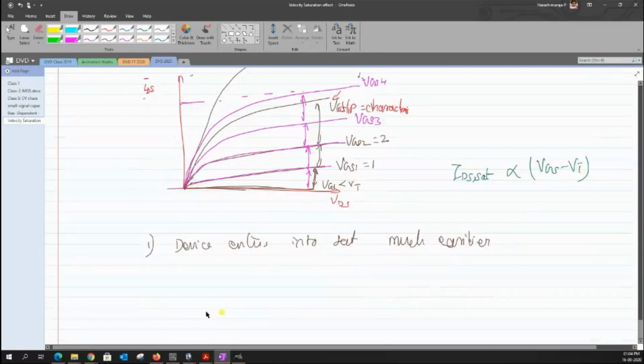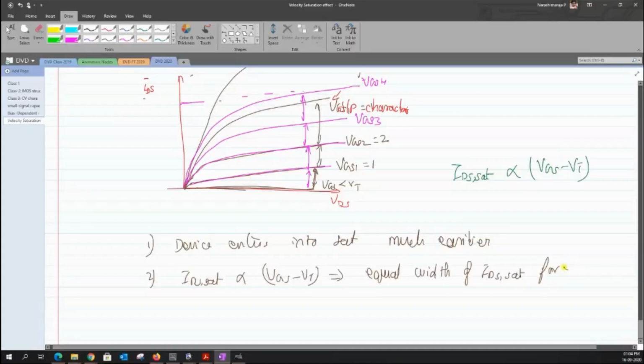The second one is that IDS is linearly proportional to VGS minus VT, due to which I would end up having equal widths of ID sat for equal widths of VGS minus VT values, or VGS values.